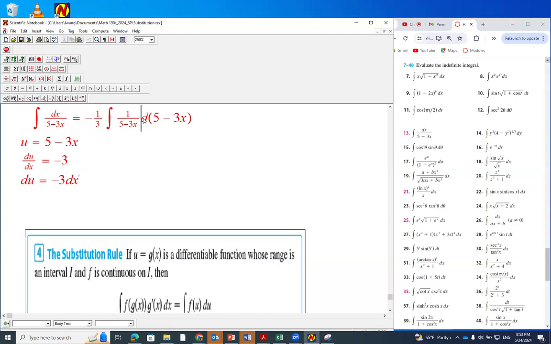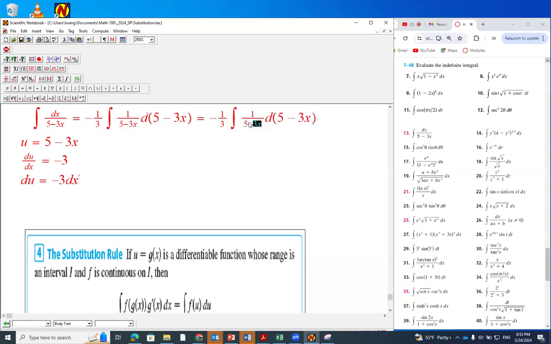That's du, which is -3 dx. As long as they're equal, because they are equal, this is the derivative of u, because that's u, right? The derivative of u is -3 dx. So next we just have to substitute completely by u.